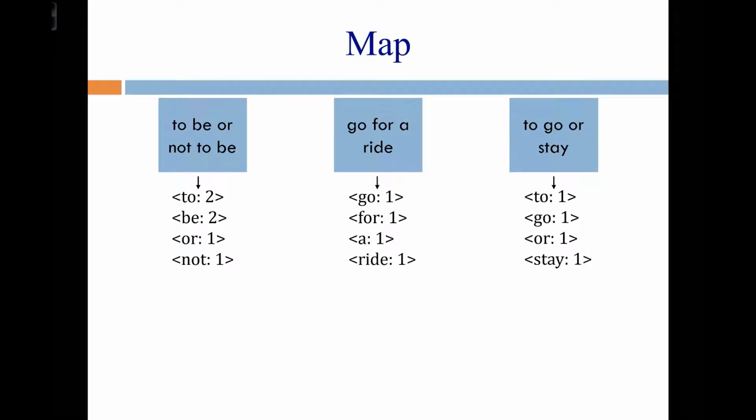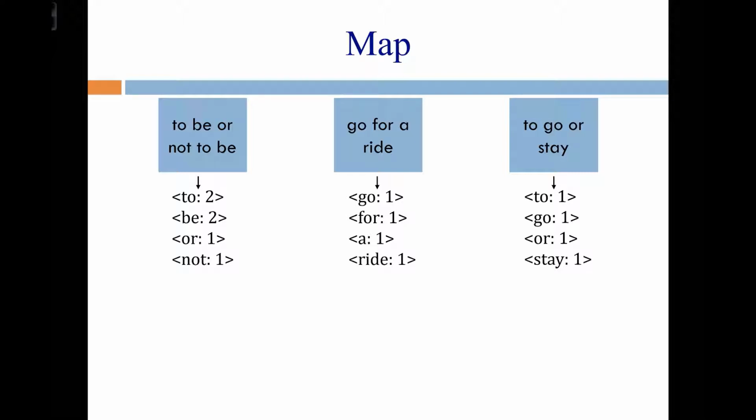So the map phase, for file 1, you'll get the word "to" with a count of 2, the word "be" with a count of 2, and so on. So those counts are the output of map.